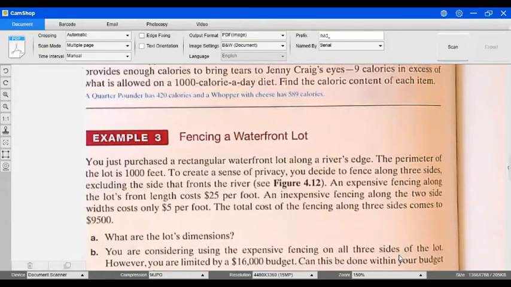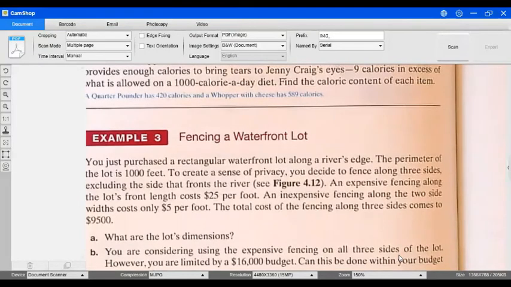An expensive fencing along the lot's front length costs $25 per foot. An inexpensive fencing along the 2 side widths costs only $5 per foot. The total cost of the fencing along 3 sides comes to $9,500. The first question is, what are the lot's dimensions?